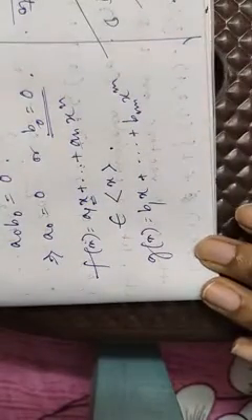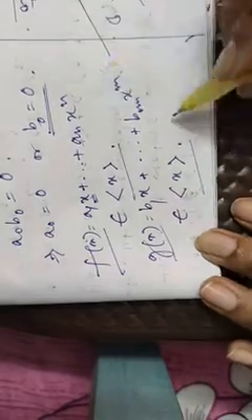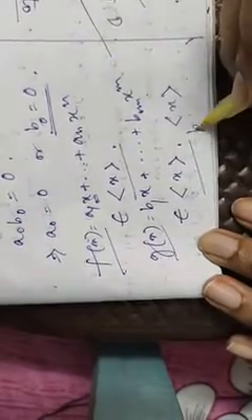Similarly, if b0 equals 0, then g(x) will look like b1x plus dot dot plus bm x to the power m. That means this also belongs to this. So either f(x) belongs to the ideal or g(x) belongs to it. So from here we can say that the ideal generated by x is a prime ideal.